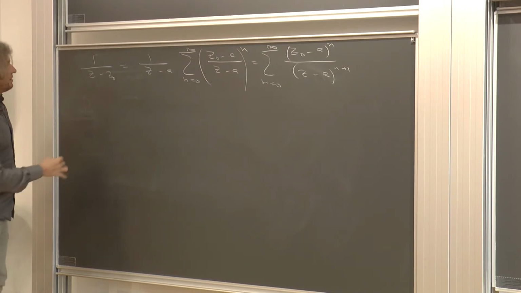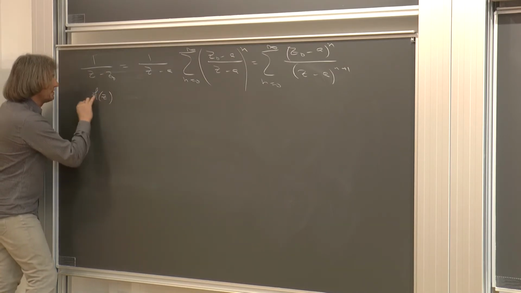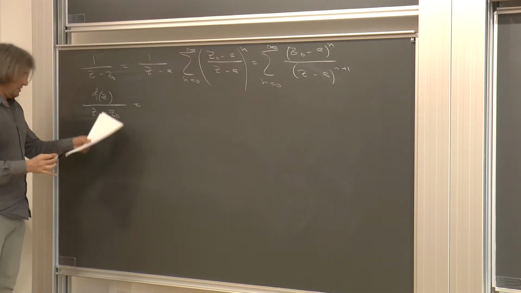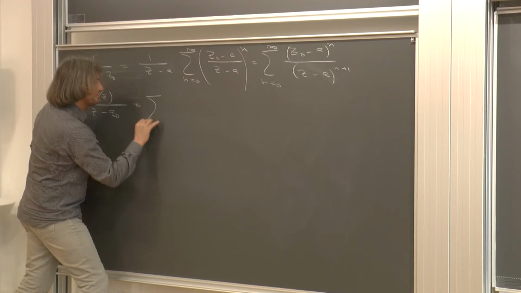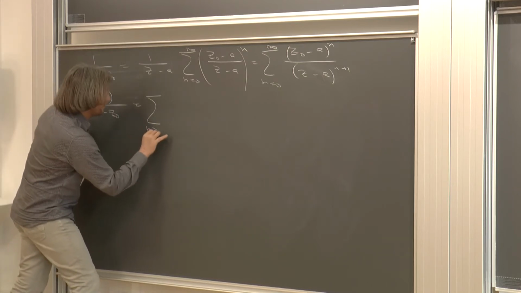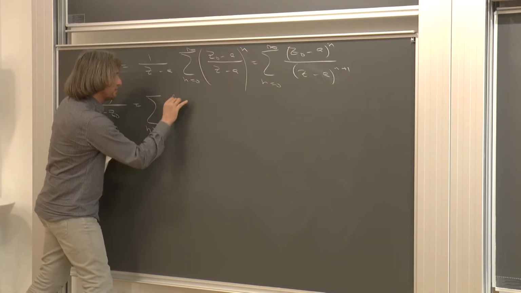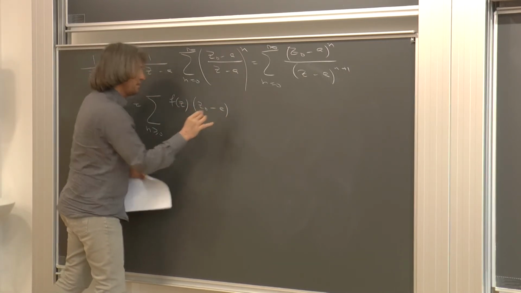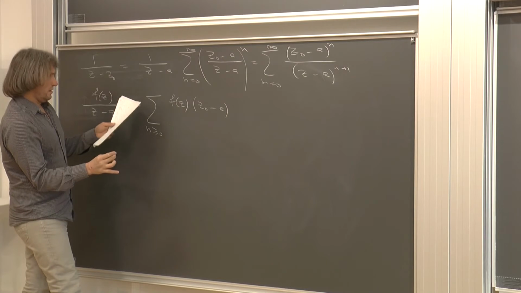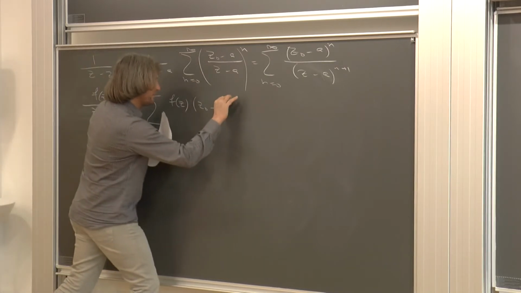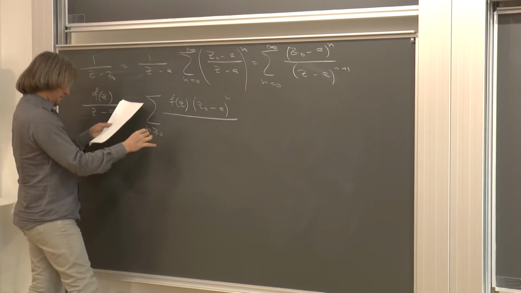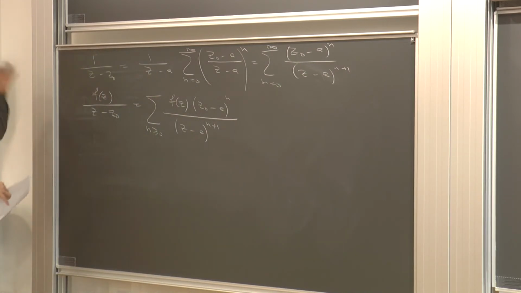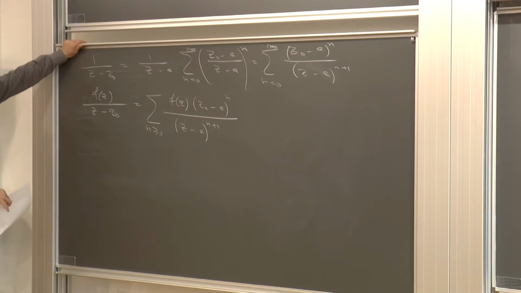So then the expression f of z over z minus z naught becomes the sum, n greater or equal to 0, of f of z times (z naught minus a) to the n over (z minus a) to the n plus 1.